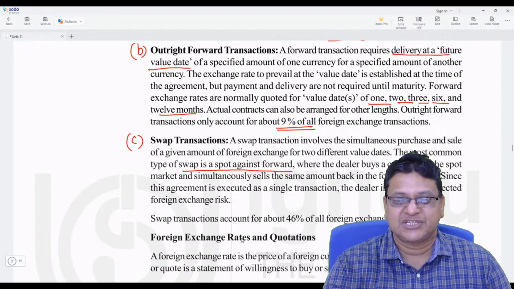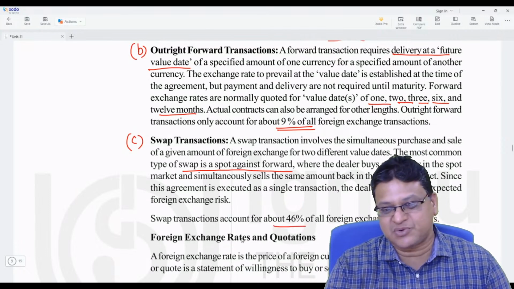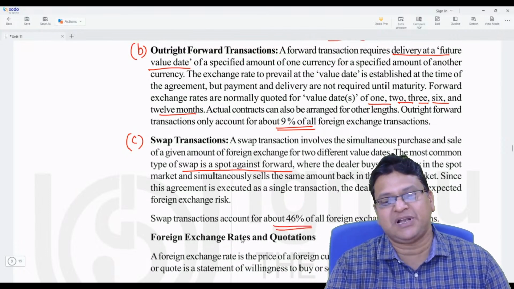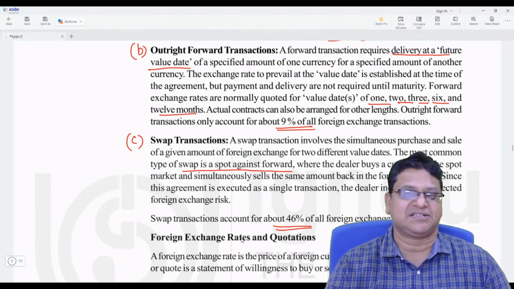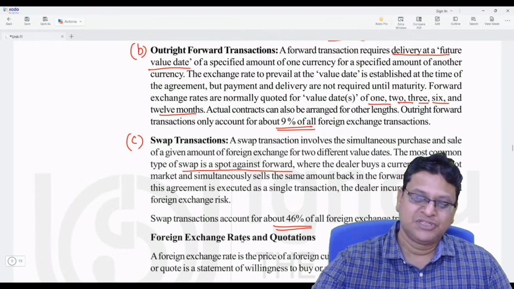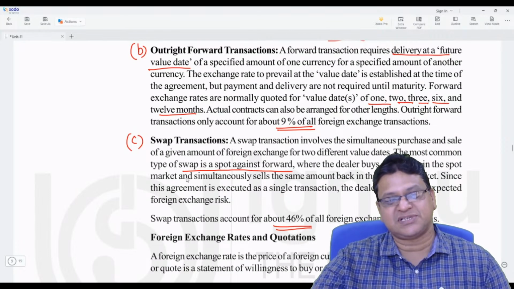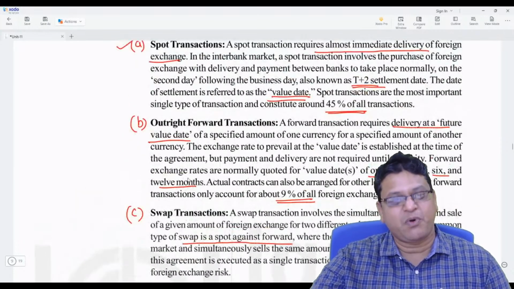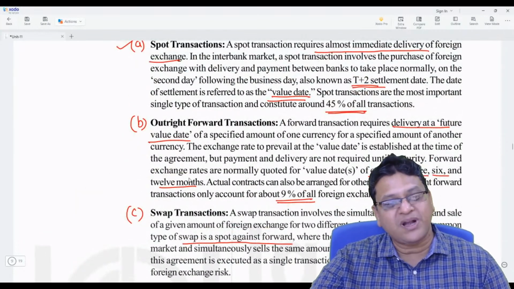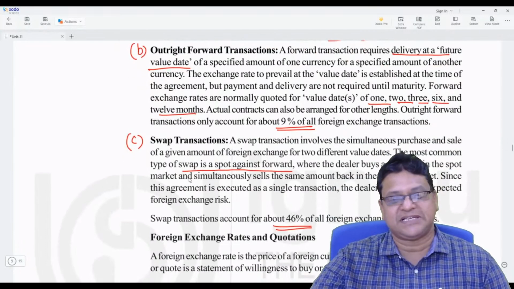And this is swap transaction. Swap transaction consists of 46% of foreign exchange transactions. So these are three important transactions in forex market: spot transaction, forward transaction, and swap transaction.